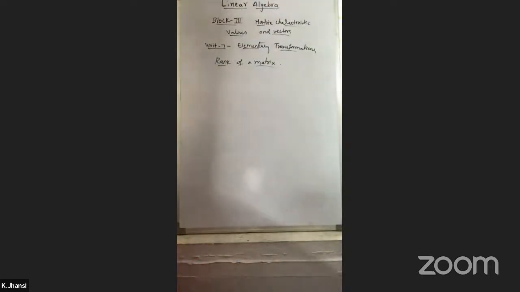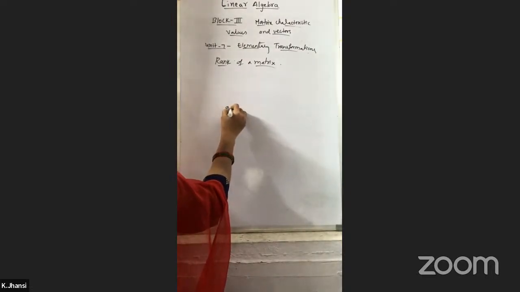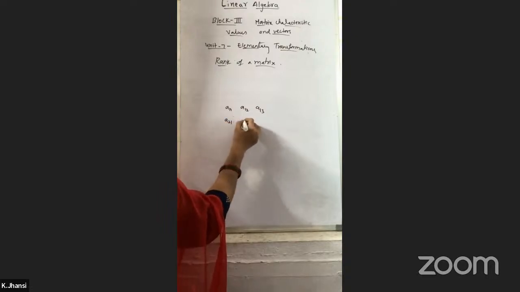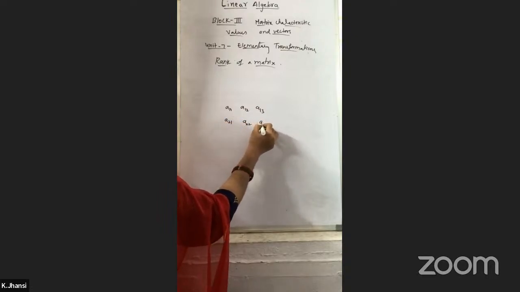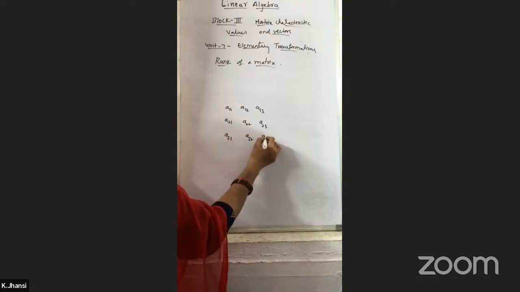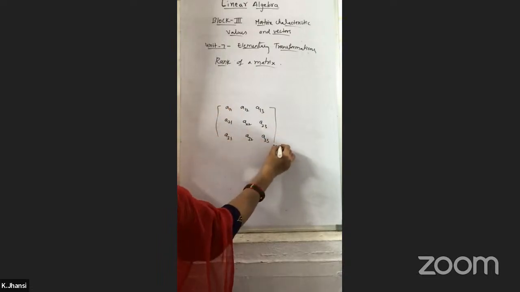If A is an m by n matrix, then the determinant of every square submatrix of A is called a minor of the matrix. You know the concept of minor, I think. So if this is A11, A12, A13, A21, A22, A23, A31, A32, A33, this is a 3 by 3 matrix.